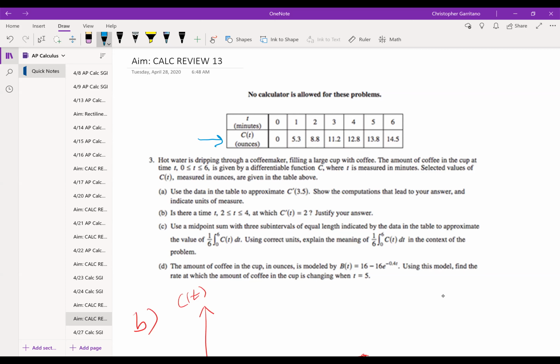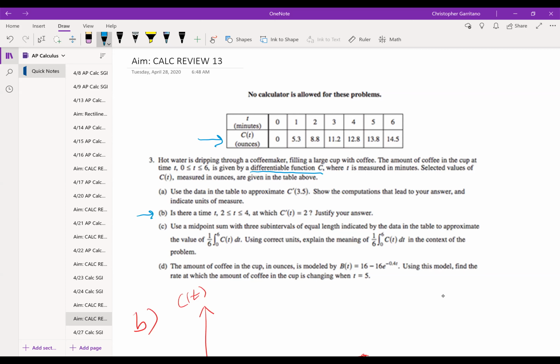Now, in this situation, we're only given a few snapshots of the amount of coffee in the cup, and that's what the table of values gives us. We're also told that this function C is differentiable, which also implies continuity on this interval. All right, and today we're going to look at part B.